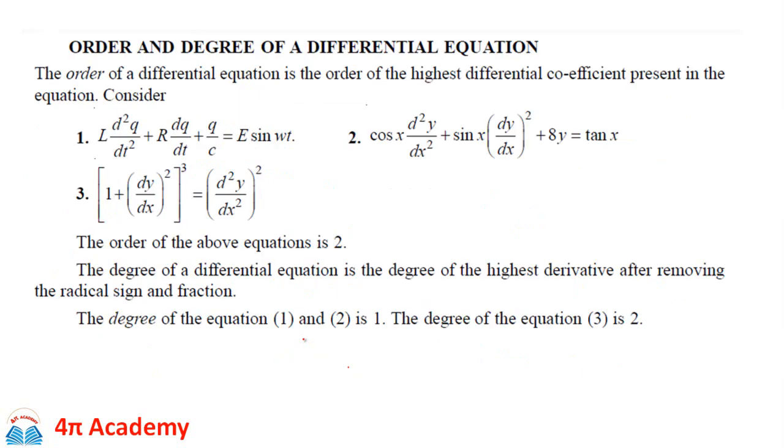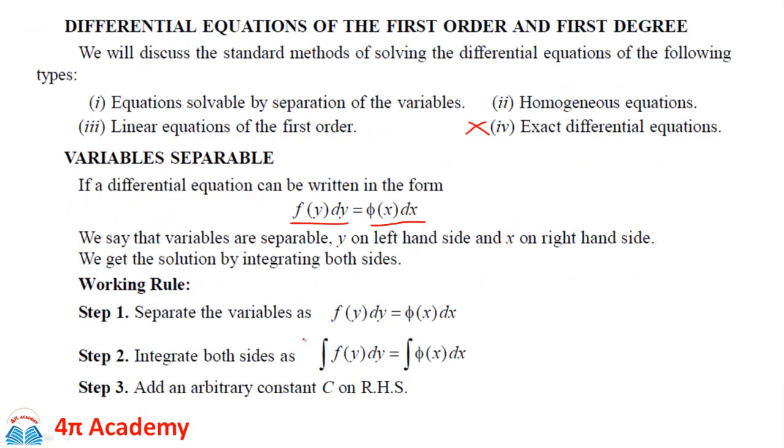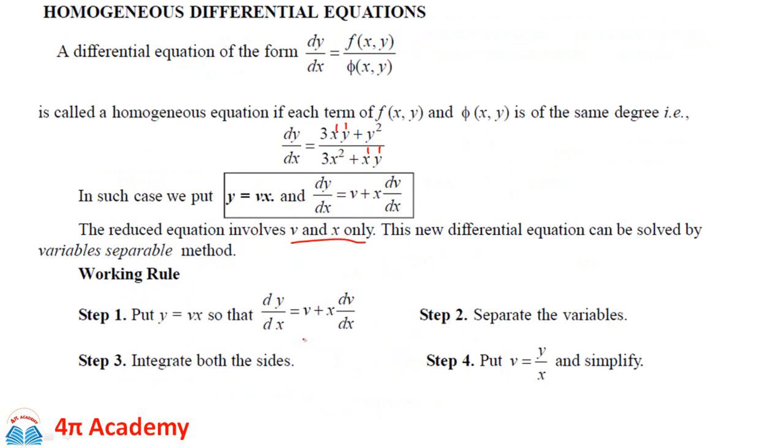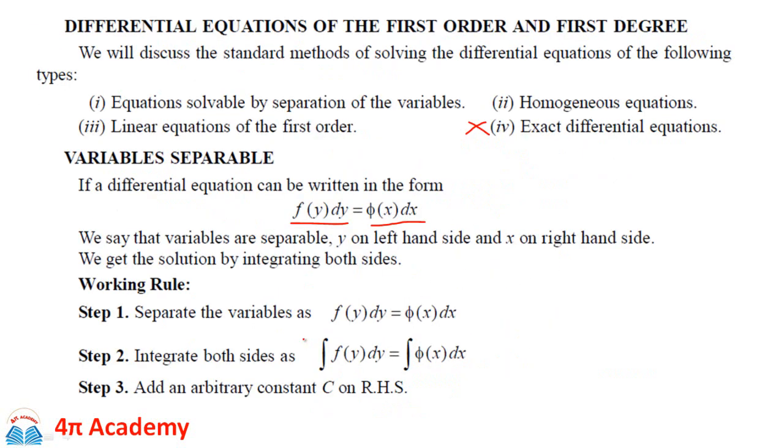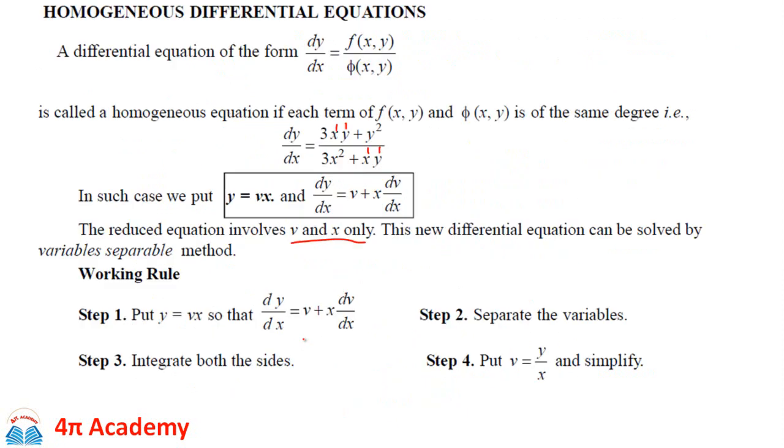Then we saw what is meant by order and degree of a differential equation. Then we saw how to solve the differential equation of first order and first degree by variable separation method, what is meant by homogeneous equation and how to solve it. Then linear differential equation. We have solved one problem on variable separation method.